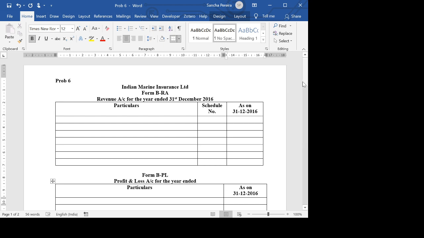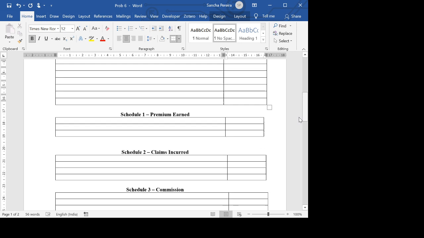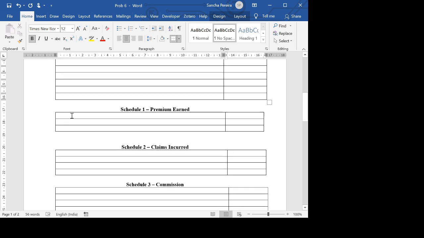So we start with our schedules first. Now we have the same thing like the last problem. We start with premium on direct business. Since we have the actual premium received, the premium outstanding at the beginning and premium outstanding at the end, we need to show all the three amounts.